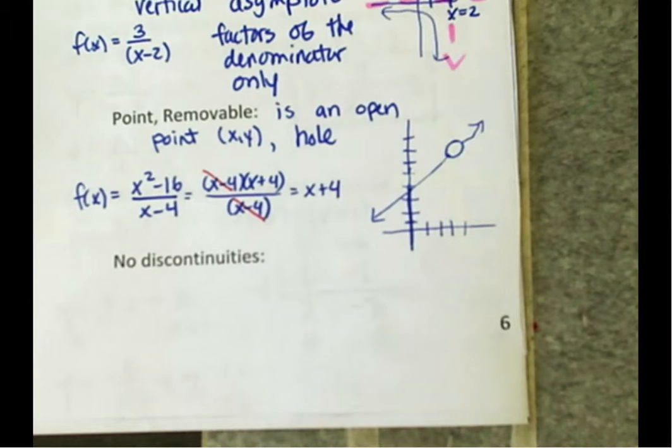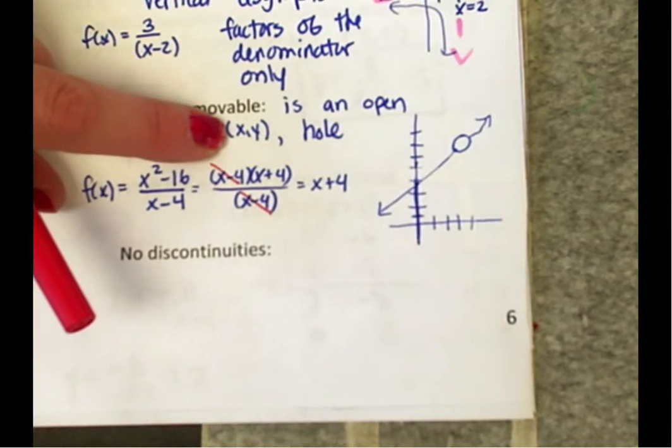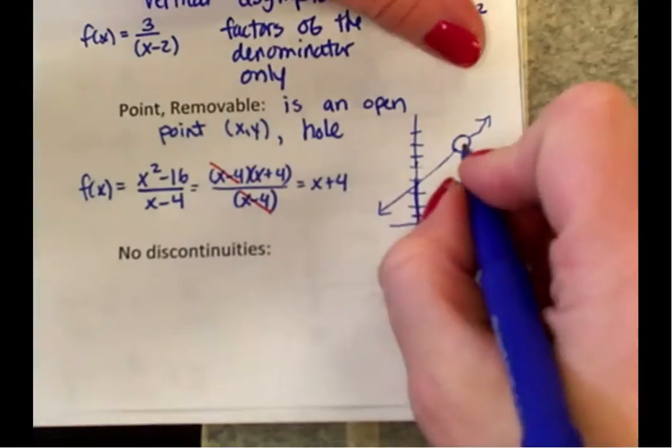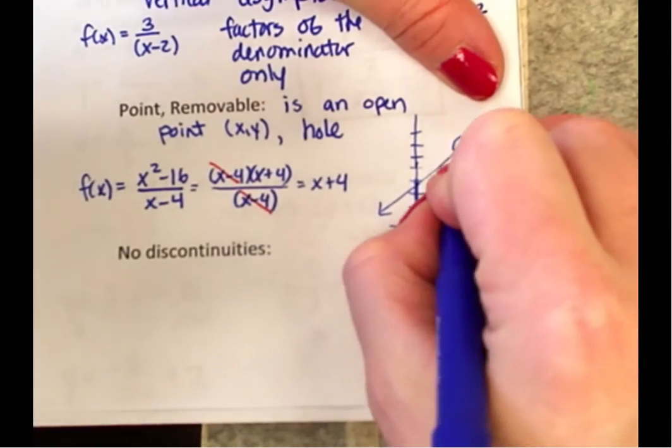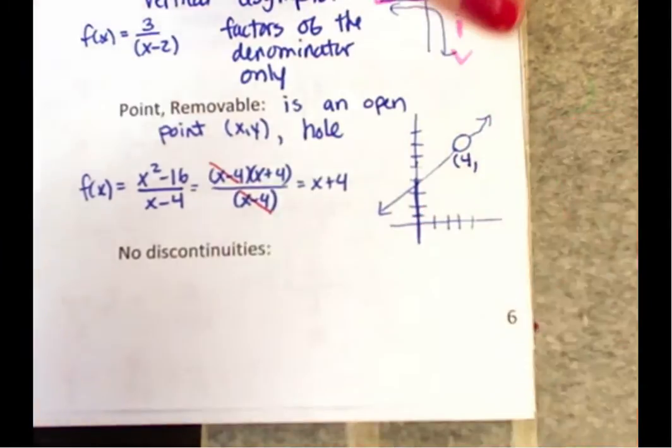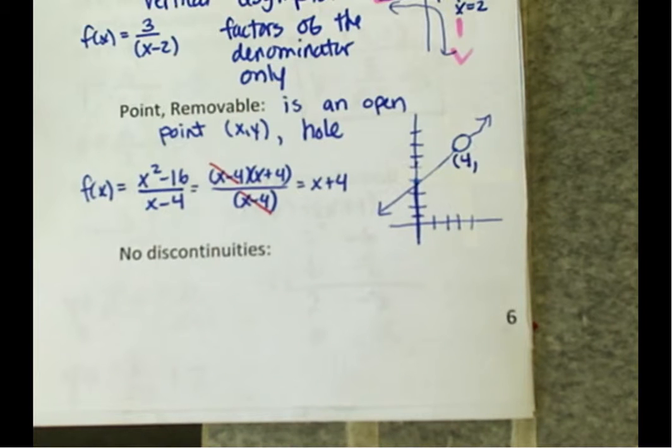Now I'm going to label the coordinates because a hole is coordinates. How do you tell where the hole is? Good question. It's going to be at x equals 4. Look at which factor canceled out. Nope. Positive 4. Positive 4.